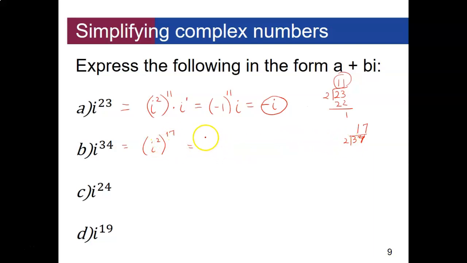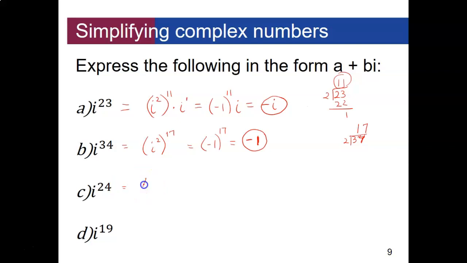So when I go to simplify this, this would be -1 to the 17th power, just replacing i squared with -1. A negative to an odd power is going to stay a negative, so my answer would be -1. See, here it was -i because I had an i outside the parenthesis. I don't have anything outside the parenthesis, so it's just going to be the -1.